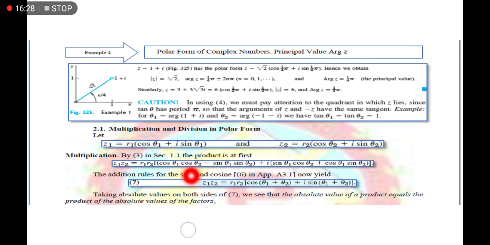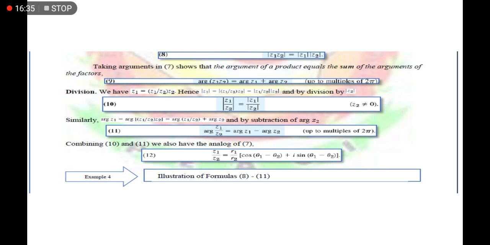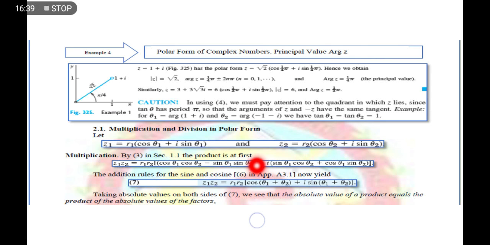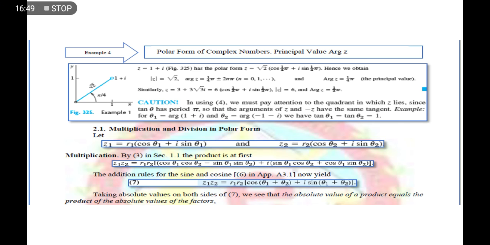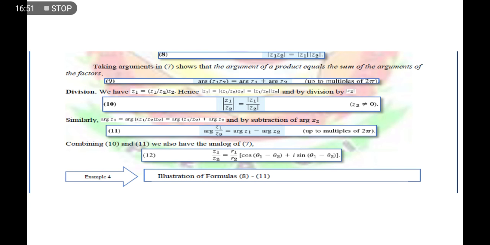This part here is why it became cosine of theta 1 plus theta 2 plus i sine of theta 1 plus theta 2. So from this equation number 7, we can say that the absolute value of z1 times z2 is just equal to the multiplication of the individual absolute values. From equation number 7, we can derive this equation number 8.